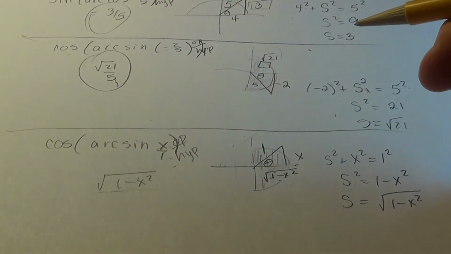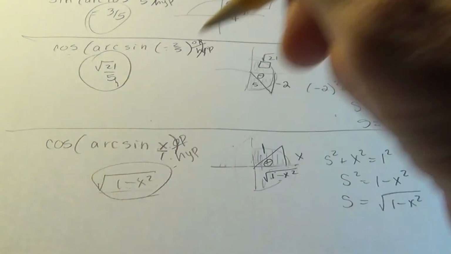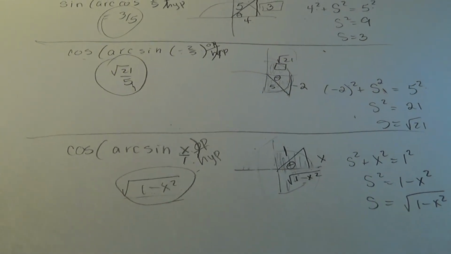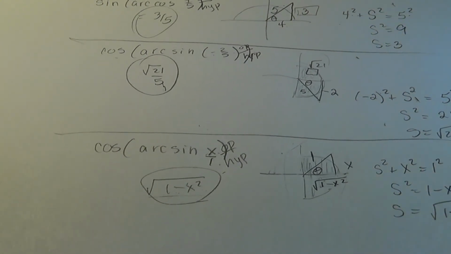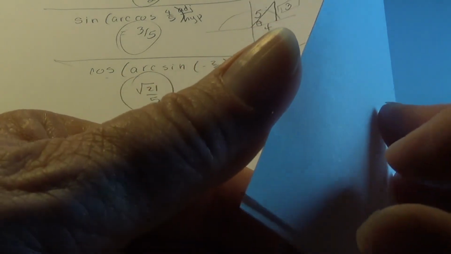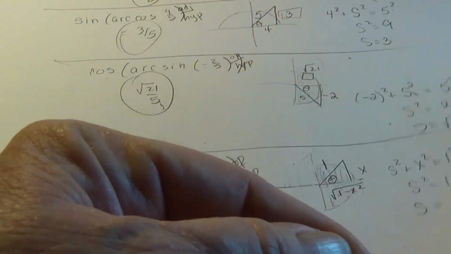Most simplified is the square root of 1 minus x squared. We may have gotten to some of those in class today, and if we did, this was double review. If not, you will meet them tomorrow.